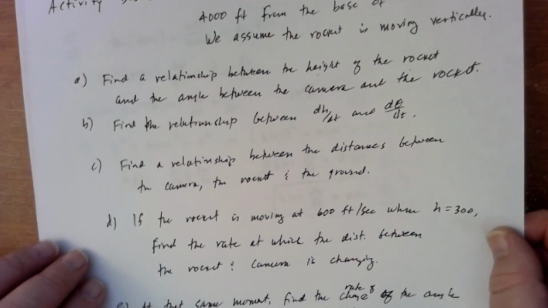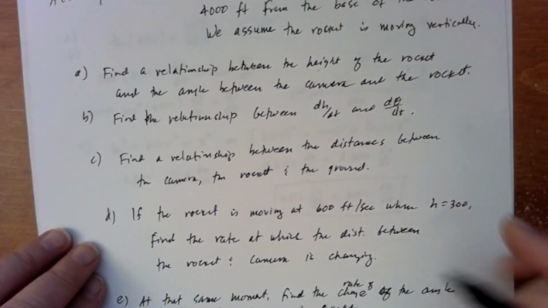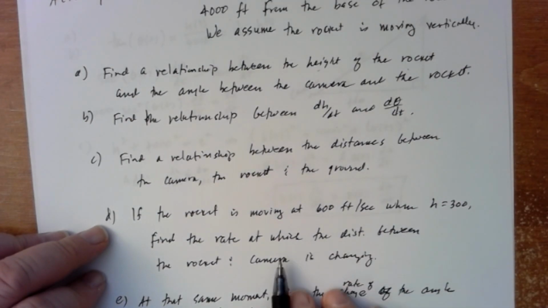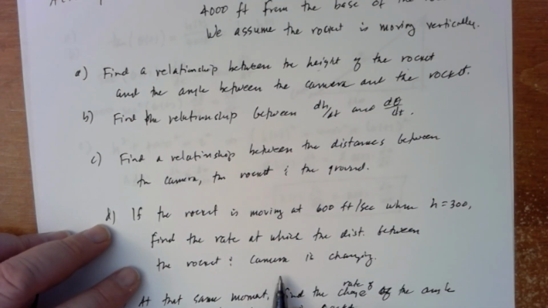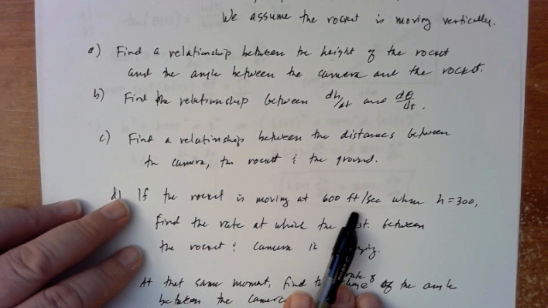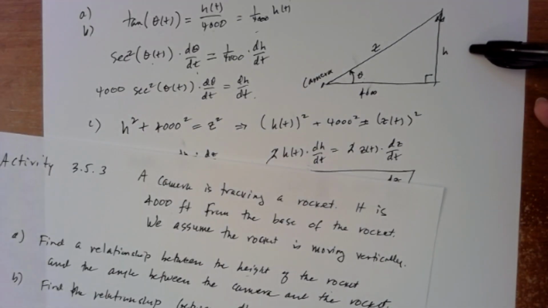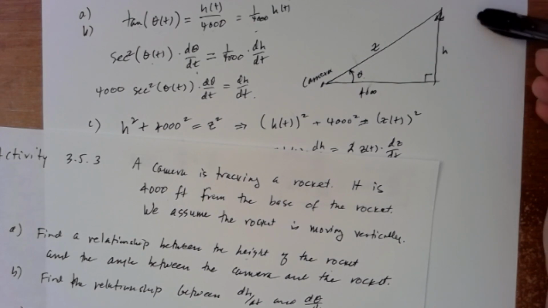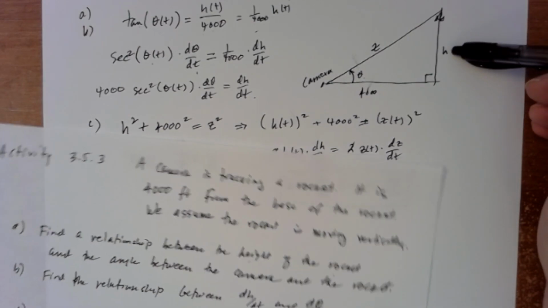Now, if the rocket is moving at 600 feet per second when h is 300, find the rate at which the distance between the rocket and the camera is changing. So how would we translate this? If the rocket is moving at 600 feet per second, what is that in terms of our picture? Yeah, the rocket is moving up 600 feet per second, so that is actually dh over dt.